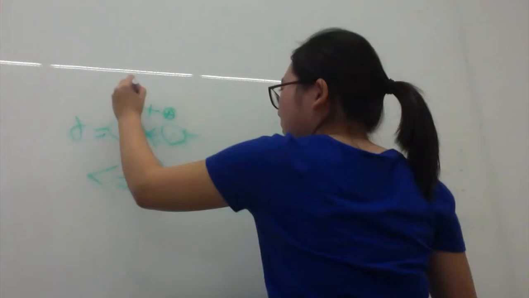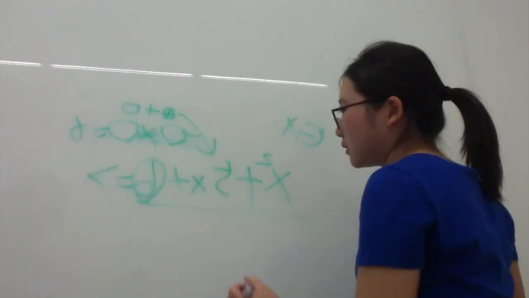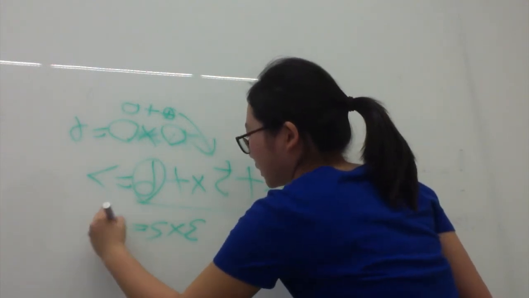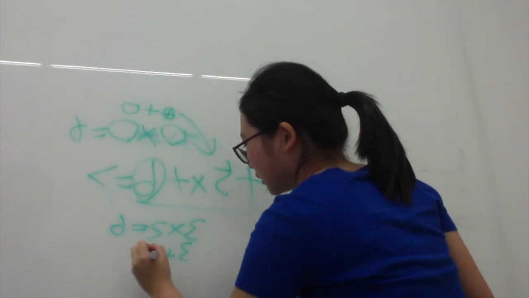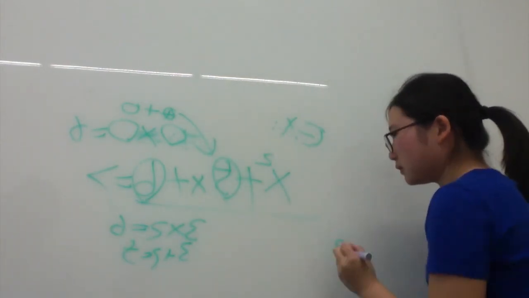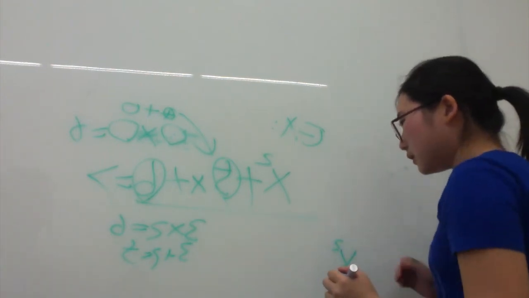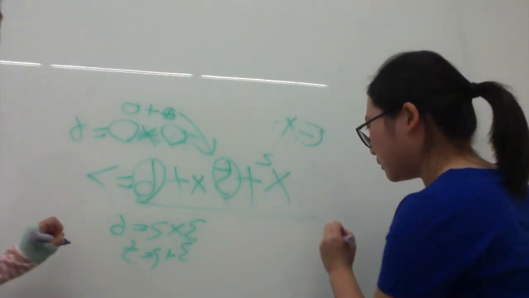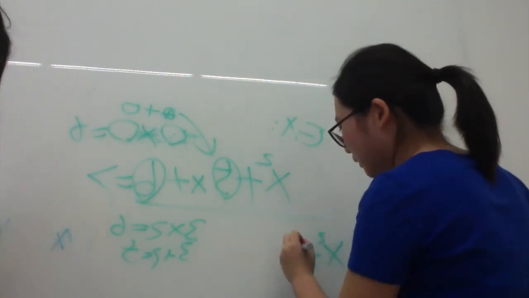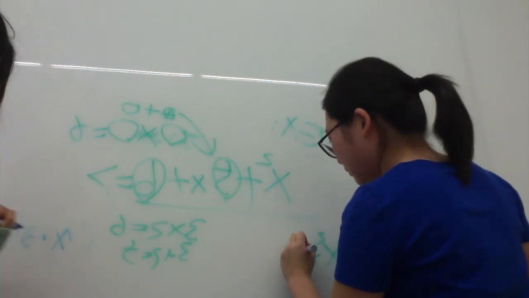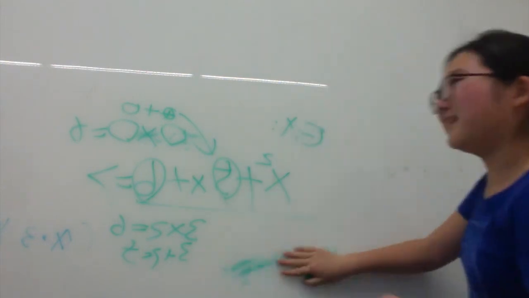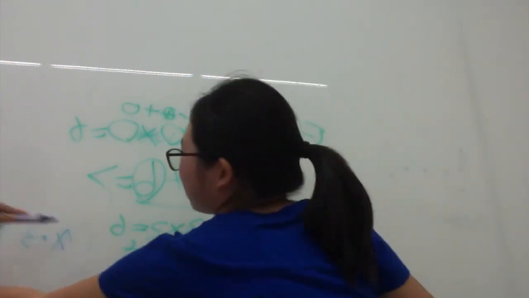So 3 times 2 equals 6, and 3 plus 2 equals 5. So you can write it like this, 3x plus 2x. The answer will be like this.